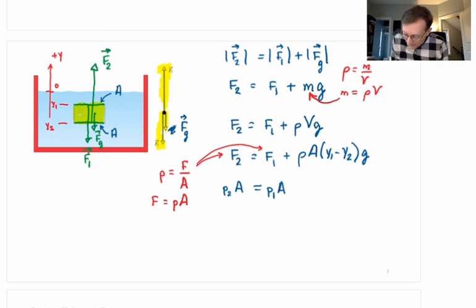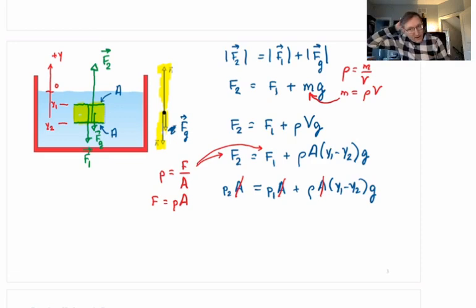Plus density times A times Y1 minus Y2 times g. And here's one of the reasons that pressure is useful: you end up having these factors of area in every term, so you can just divide them out. And that cross-sectional area of your parcel doesn't matter. And you get this very useful relationship.